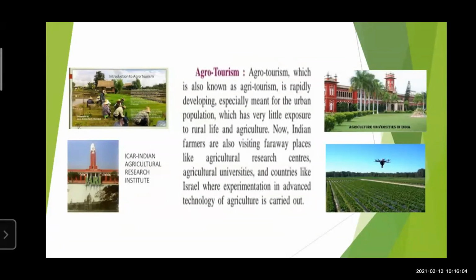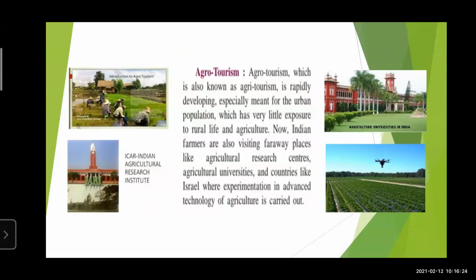Now, Indian farmers are also visiting faraway places, like agricultural research centers, where various training is given to farmers on modern methods of agriculture, how to use them, and how to increase the production of crops and food grains.